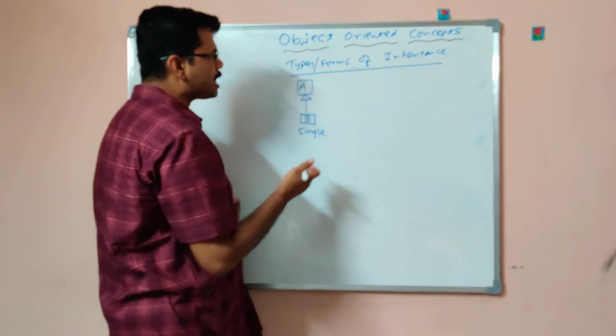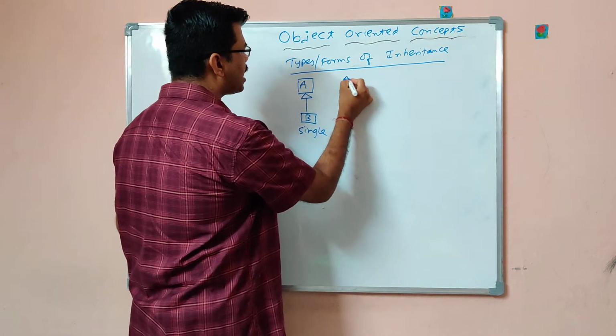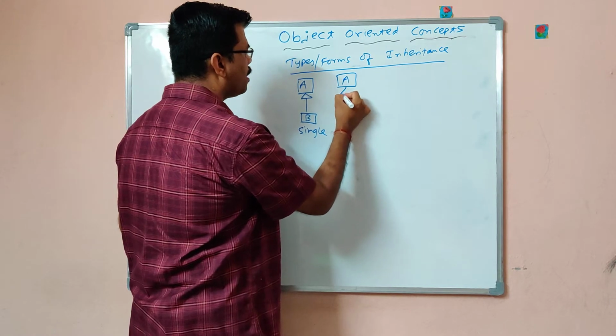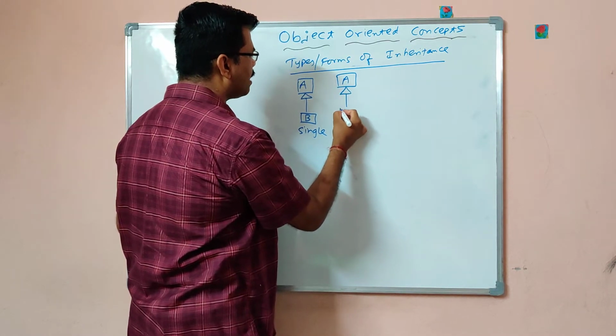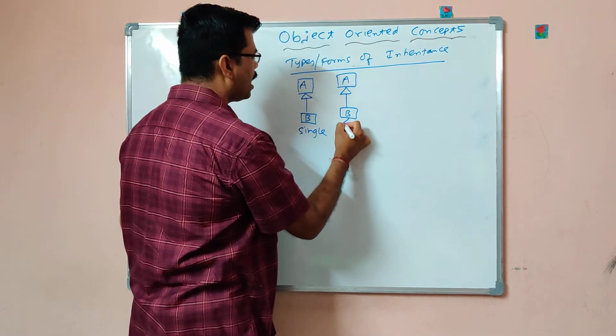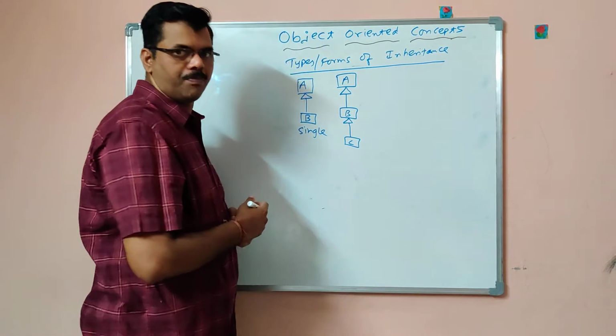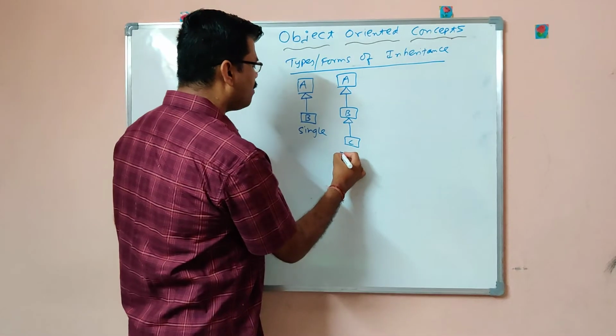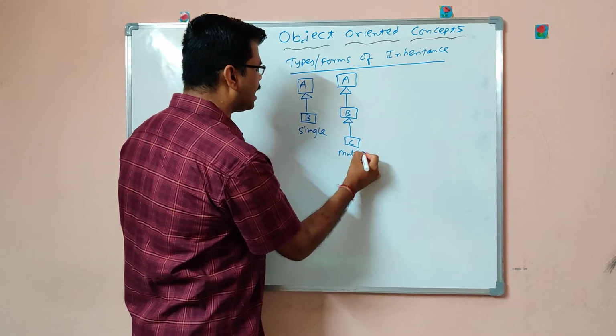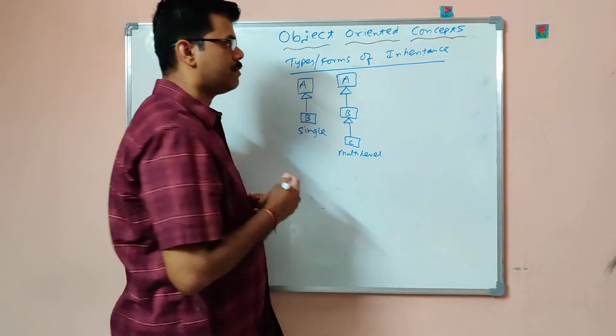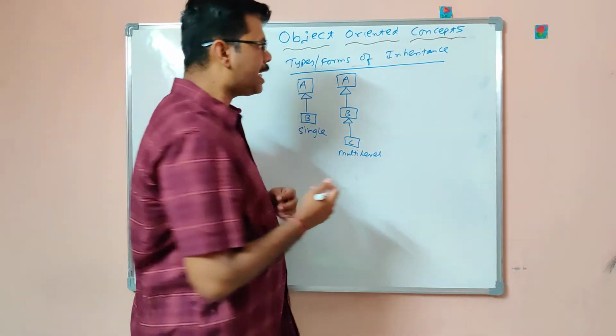Then let us consider we are having one more class like A. Using class A we are creating one more class B, and using class B we are creating one more class C, like that goes on. And this type of inheritance we call it as multi-level inheritance. Now let me take one more form of inheritance.